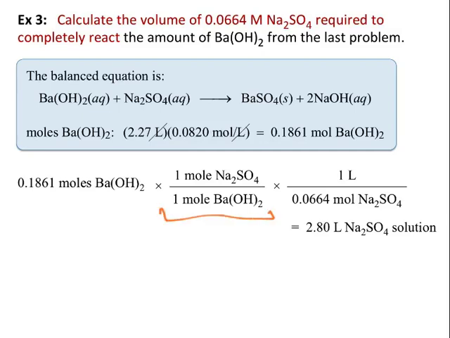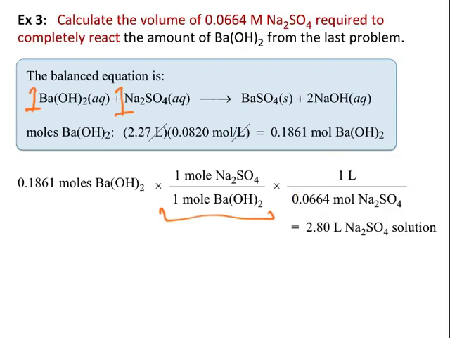So here's our mole ratio, and that's going from here to here, right? Going from one reactant to another reactant, which is totally legitimate to do. Now that we have moles of the other reactant, we can use the concentration of the other reactant to figure out how many liters of it you need. There's a couple different ways to do this.